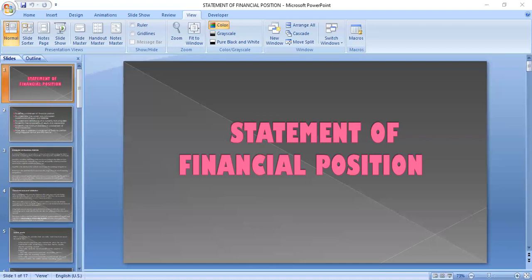Then we have now equity. The term is the residual interest in the assets of the entity after deducting all liabilities. Equity means net assets or total assets minus liabilities. Now, you have taken this in your basic accounting subjects, no?